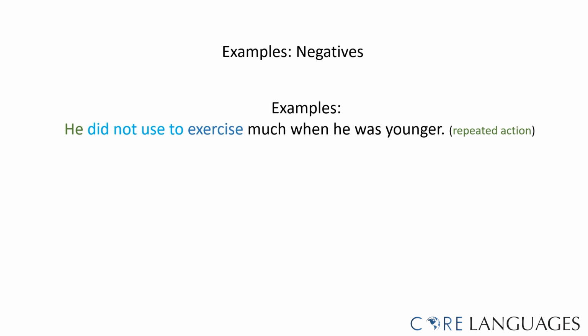This sentence expresses that exercising was not a repeated action in the past. You never used to play video games. This sentence expresses that playing video games was not a repeated action in the past.